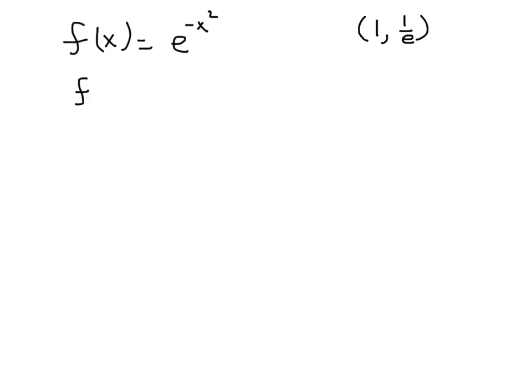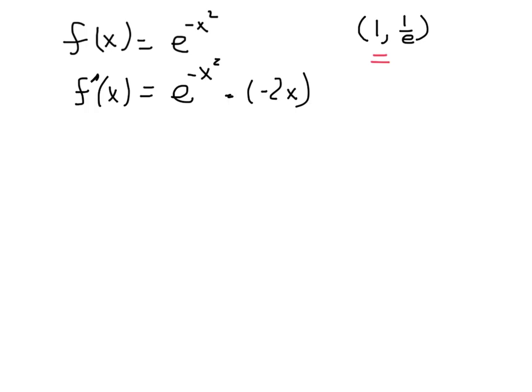Okay, so the derivative here, f prime of x, if we follow our rules, it's going to be e to the u, which is e to the negative x squared, times the derivative of u, which was going to be negative 2x. That's our derivative formula. And since we want to find the slope at this point, we're going to plug x equals 1 into our formula.